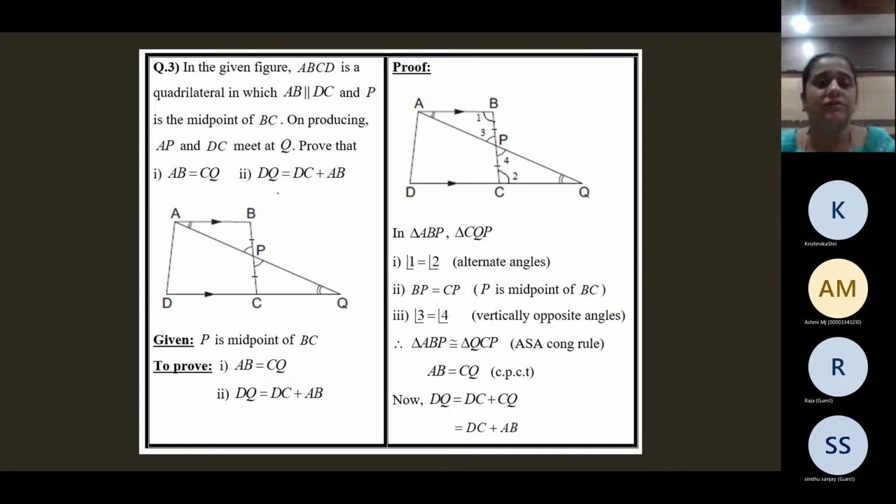In the given figure, ABCD is a quadrilateral in which AB is parallel to DC. So what special name can you give to this quadrilateral?